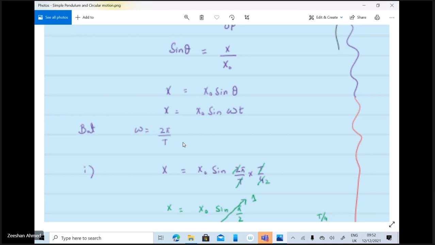Was it maximum, x equals x naught? Maximum displacement. This was the first case where I got x equal to x naught. So here I got full displacement. My body starts from here. So it means the simple harmonic motion will reach its maximum value.